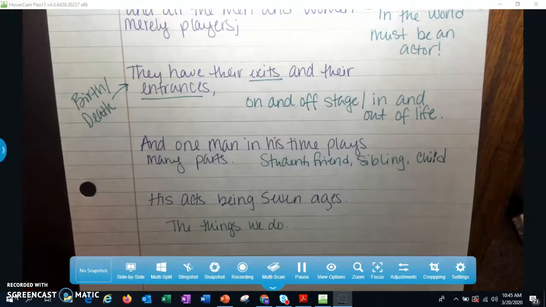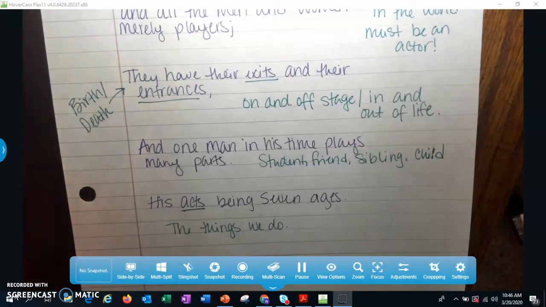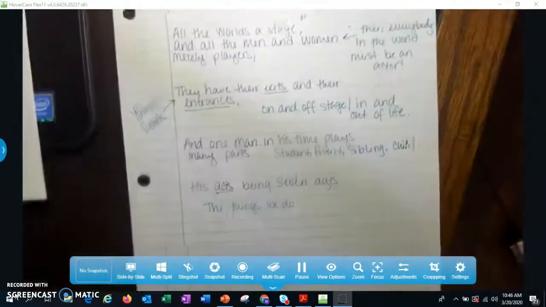Another act is when you go to college, when you become a husband or a wife, or when you become a parent, when you get a career. Those are all acts of your life. They're the parts of your life that change. Remember that when we did 12 Angry Men, there were 3 acts. The scene changes. The story evolves. Those are the acts of our lives, okay? So here is the example.